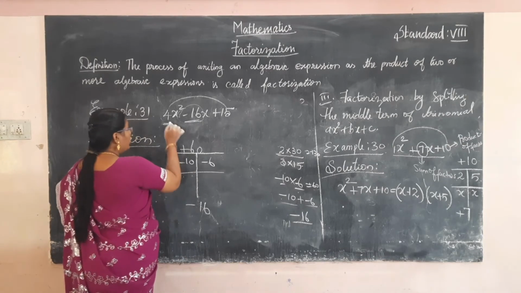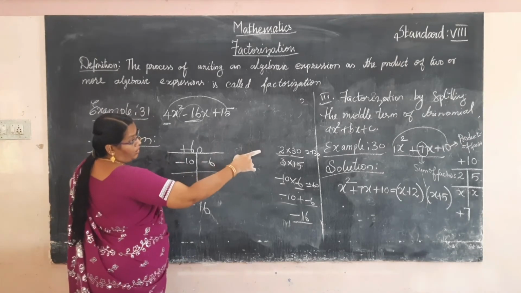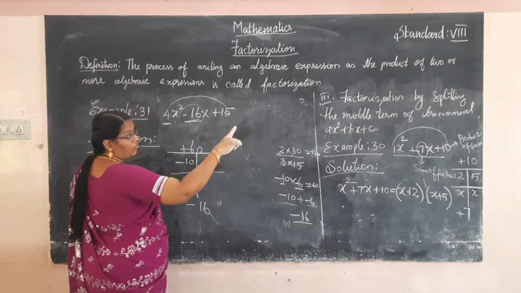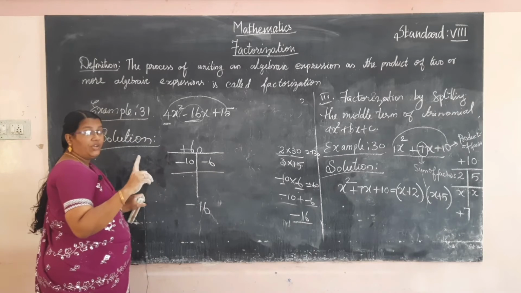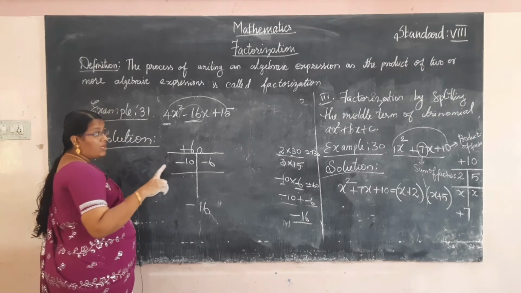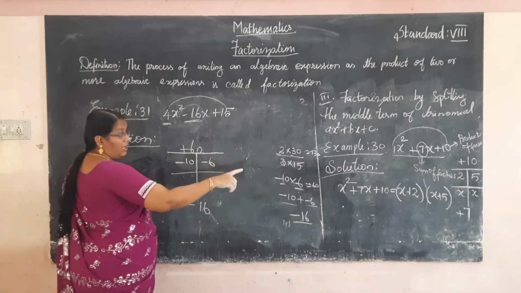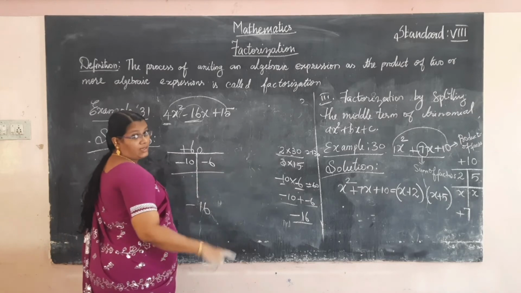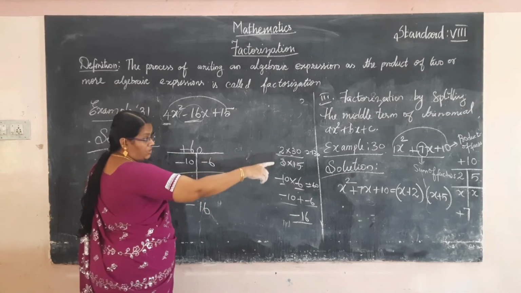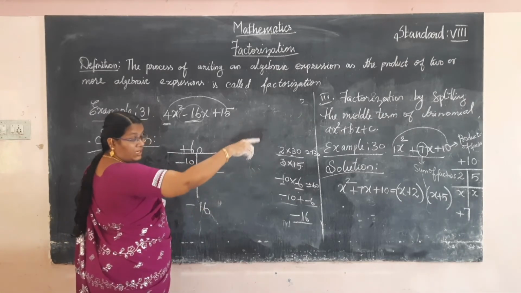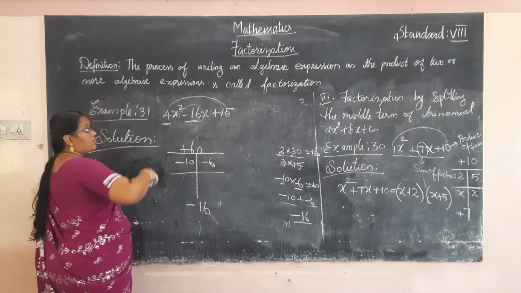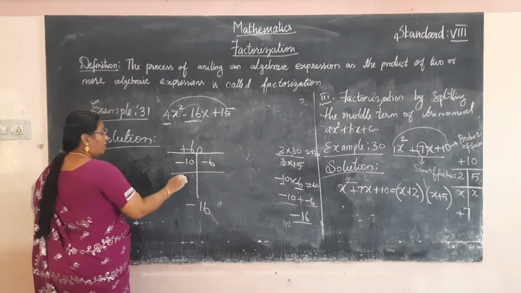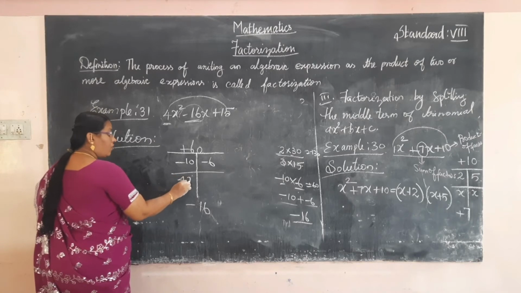Now write. In that problem, the coefficient of the x squared term is 1, so we write x squared as x into x, and divide the first term by x and the second term by x. Here 4x squared is given, so here you write 4x.